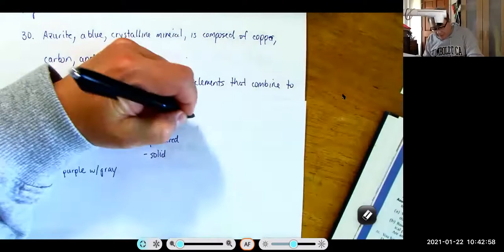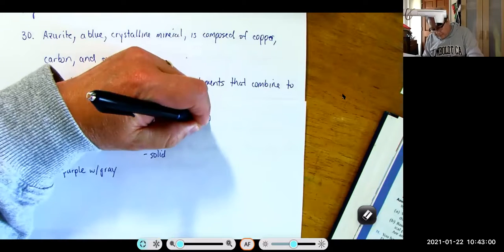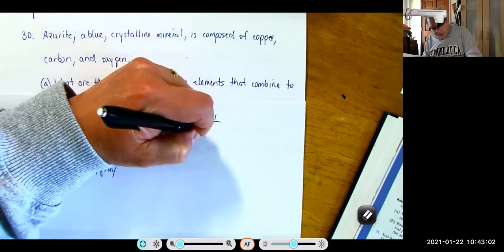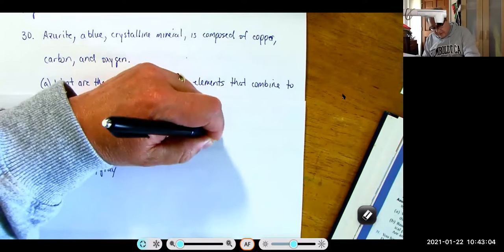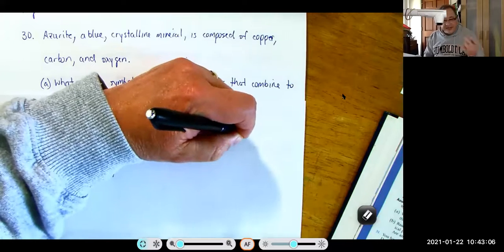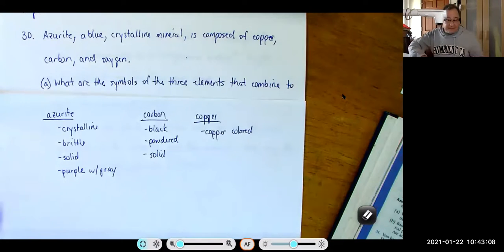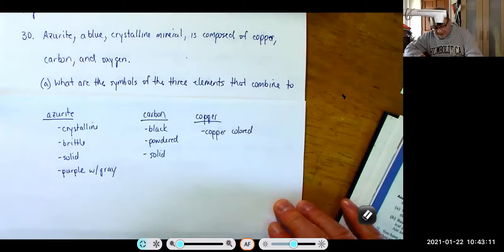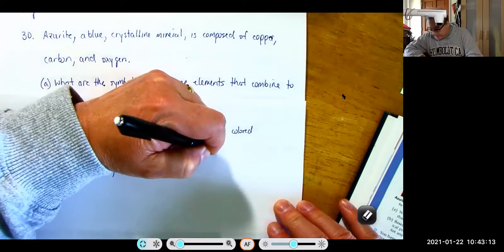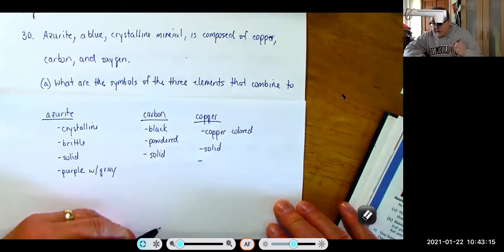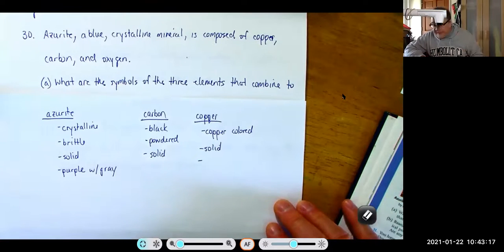And for the copper, it looks copper colored. I mean, that's such a distinct color that we give it a name, copper. It's definitely a solid. It looks like we have rounded pieces there.